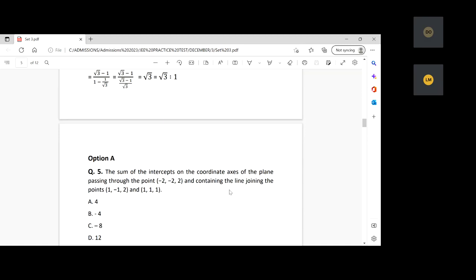So just think where you can start. What all things are given in the question? There is a point, there is a line, the 2 points are given, there is a plane. I need to find the sum of intercepts on the coordinate axis of the plane. It has to pass through the point and it also has the line for which all the coordinates are given.